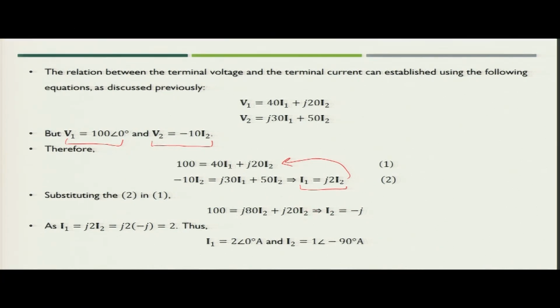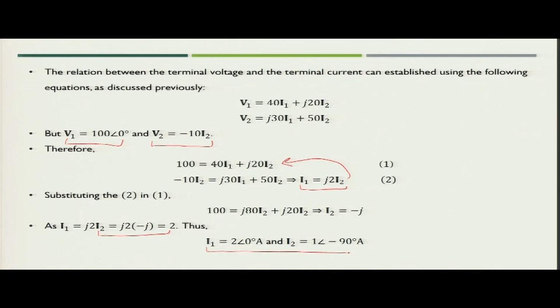Then when you simplify, you will get I2 is equal to minus j, and when you put the value of I2 in equation 2, that is I1 is equal to j times 2 I2, we get the value of I1 as 2.